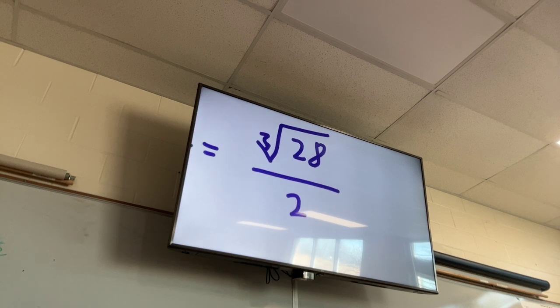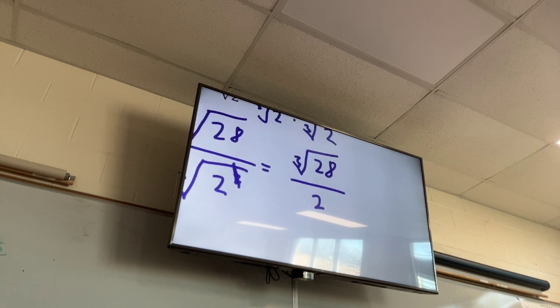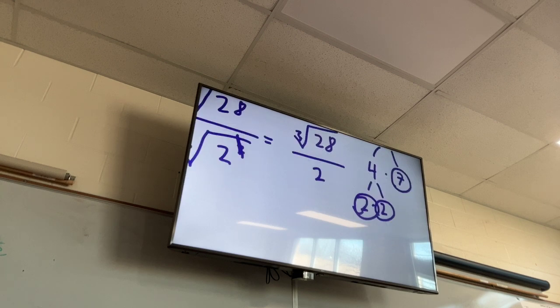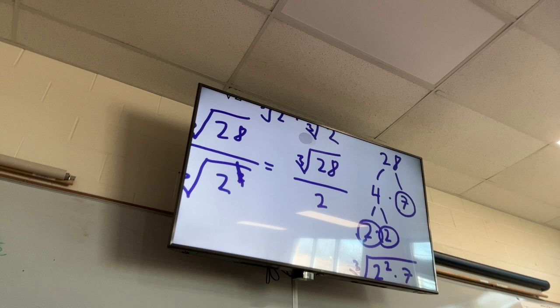Is my top simplified? You can always check to see if you can simplify. Cube root of 28 is cube root of 2 squared times 7. Do either of those have exponents bigger than 3? No, so I can't simplify that at all. This is my final answer.